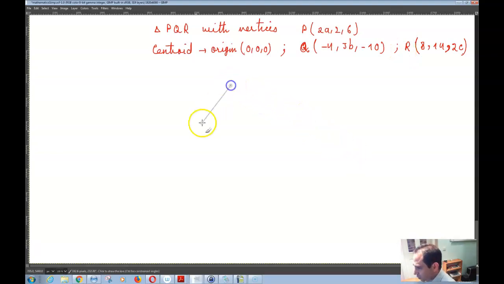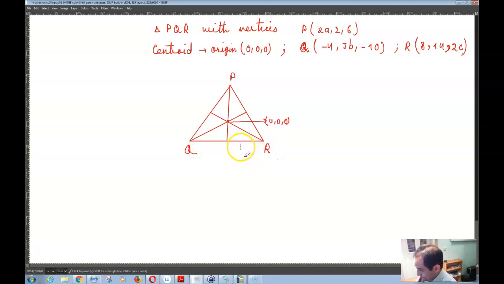basically, if your triangle is something like this, and if the medians are something like this, and let's suppose that this is the centroid with 0, 0, 0, and these are the vertices. For example, this is P, this is Q, and this is R. Now this centroid is 2/3 of the way from this point to this point.